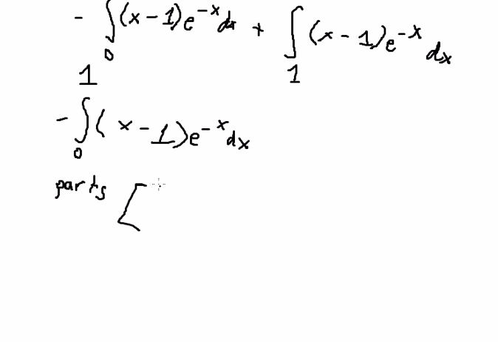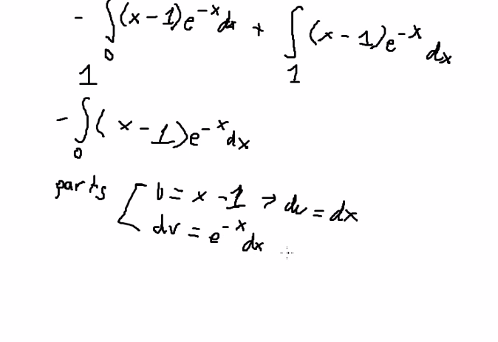So you get u equal to s minus 1. So you get du equal to ds. So you get dv equal to e to the power of negative s ds. So you get v equal to negative e to the power of negative s.